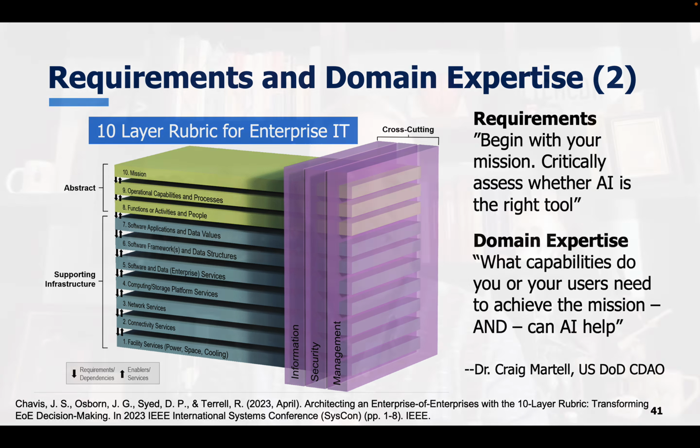Where do I want to begin? Where are my biggest problems? What keeps the boss up at night? Where are the biggest areas of risk? Where is the area that is not performing at its best capability today? And by breaking these problems down into smaller areas, you're defining requirements that are more focused and are going to result in success.